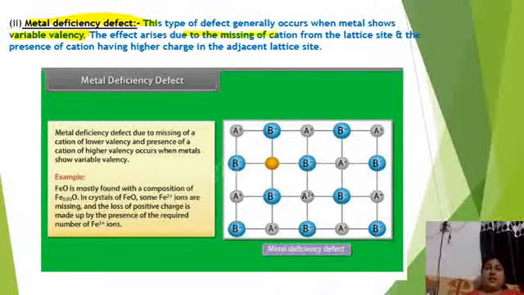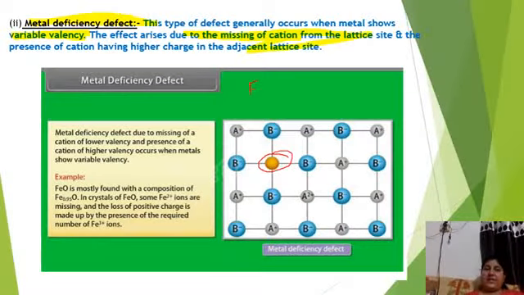In this, cation is missing from the lattice site. For example, we have taken over here, from here a positive ion, a cation, is missing. In between, on both sides there are anions, and from the center the cation is missing. Okay. So how can neutrality be maintained?